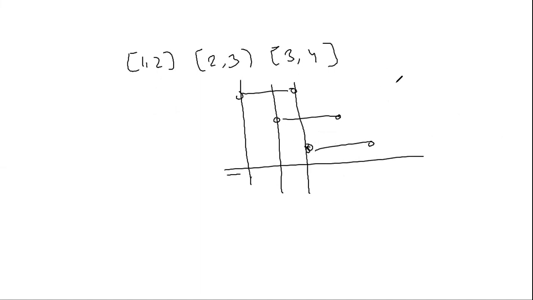So this is my first day, I can do this event. Second day, I will do event number 2. Third day, I can do event number 3. And there are 10 to the power 5 events, and I have 10 to the power 5 days.